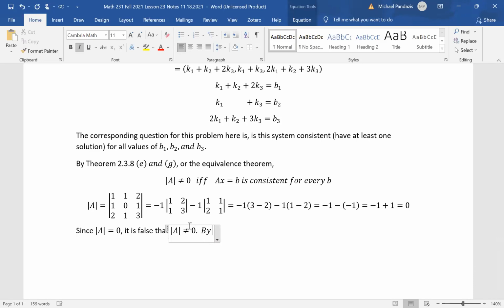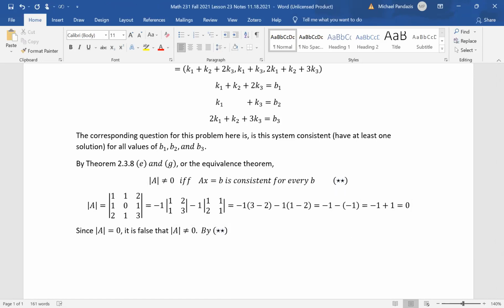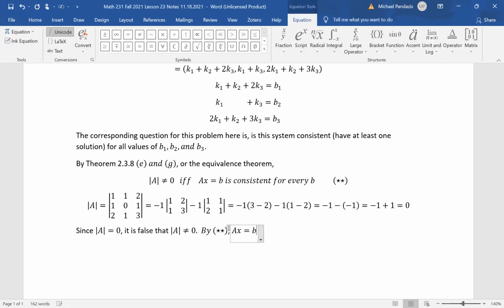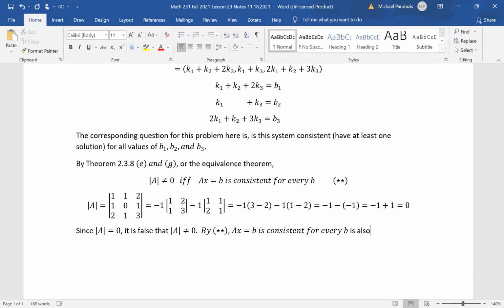Okay, so by the statement double star, the statement Ax = b is consistent for every b is also false, right?